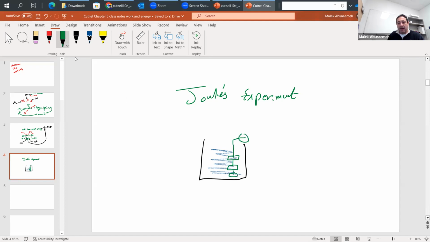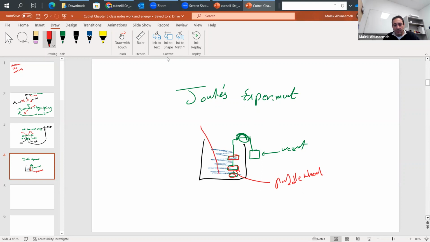And outside, I guess that's a pulley, and in here he has a weight. And he put in a thermometer. So let me just go ahead and draw a thermometer.